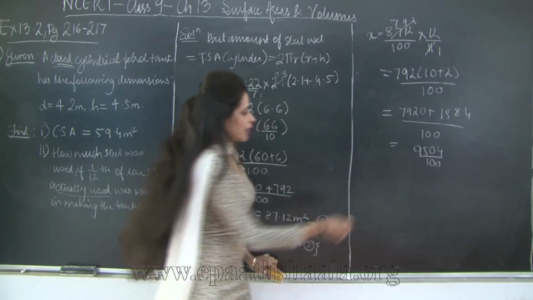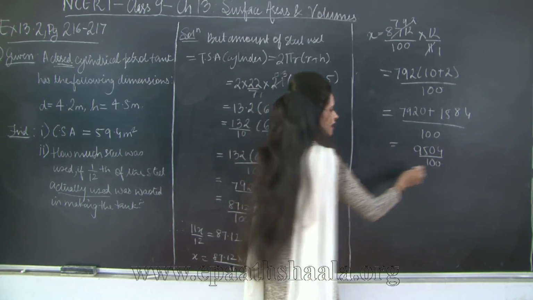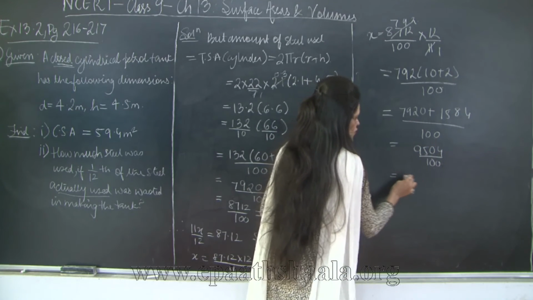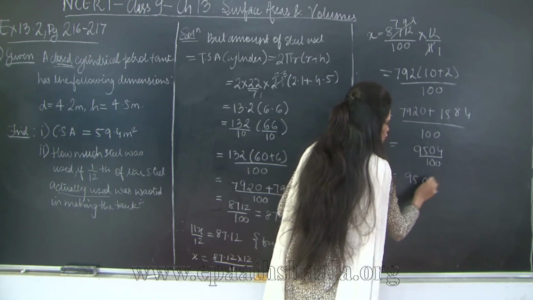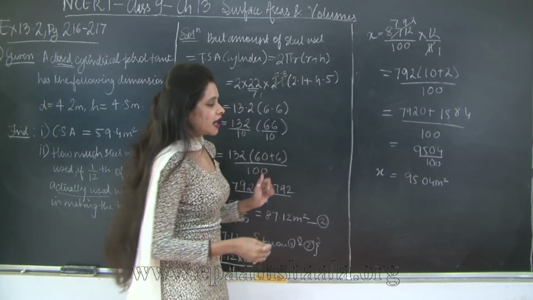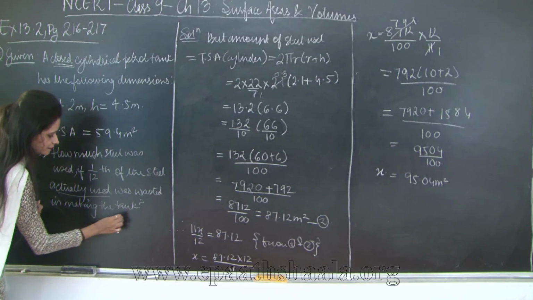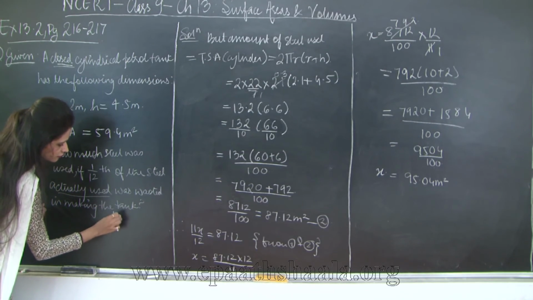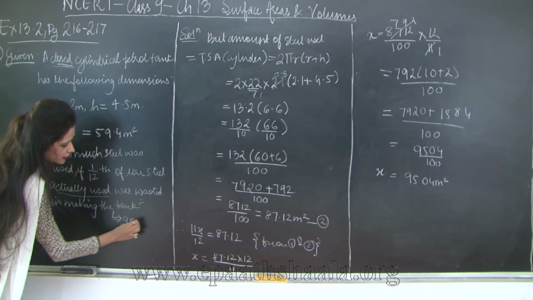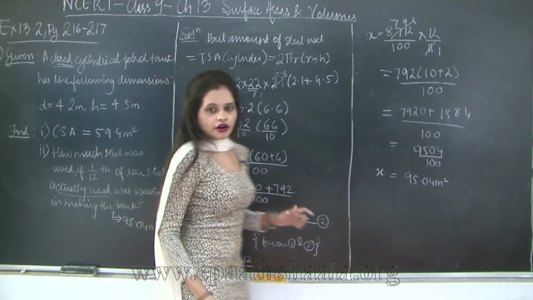Why? Because I want to get rid of these 2 zeros in the denominator, so I'm going to shift towards the left by 2 decimal places. So this is going to be 95.04 meters square. This is your value of X, which is the amount of steel actually used. So let's write this over here: 95.04 meters square. So finally, this is your answer as well.